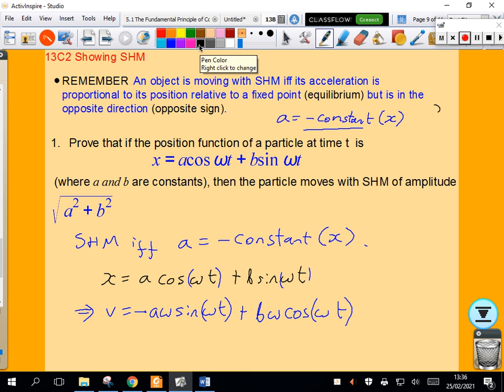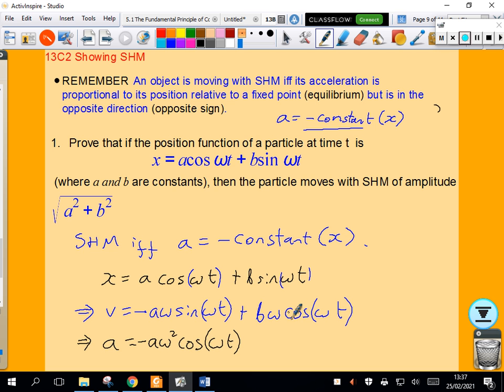I'm going to differentiate one more time to find the acceleration function. So again, differentiating, derivative of the sine function is cosine function, but I have to use the chain rule. Multiplying this by omega, I'm going to get negative a omega squared.